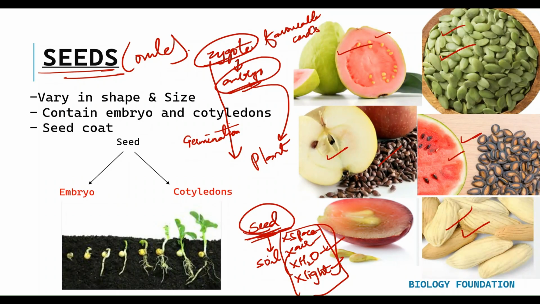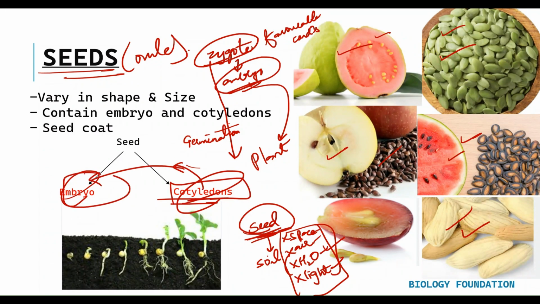In the same way, for the zygote present inside the seed to develop into a plant, first it has to be nourished properly, right? So basically the seed contains what in it? It has the embryo and it has the cotyledons. Basically cotyledons store food in them and provide the food to the zygote or the developing embryo. Clear? Try to understand.